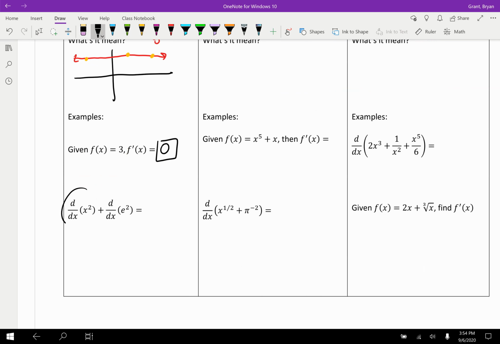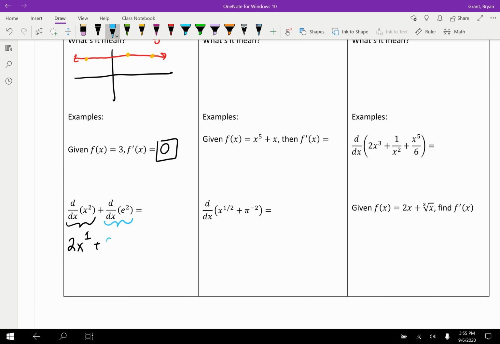Well, what if you had two functions adding together and they wanted the derivative of each one? Well, the derivative of x squared, let's use that power rule. The 2 comes down in front, x, we reduce the 2 by 1 and get 1. Okay, plus, let's take a look at the second one, e squared.